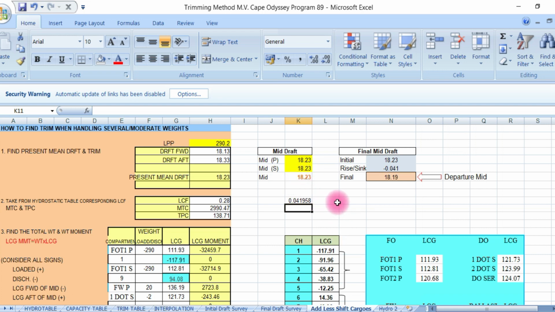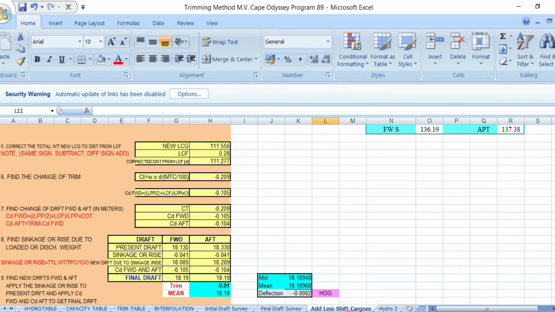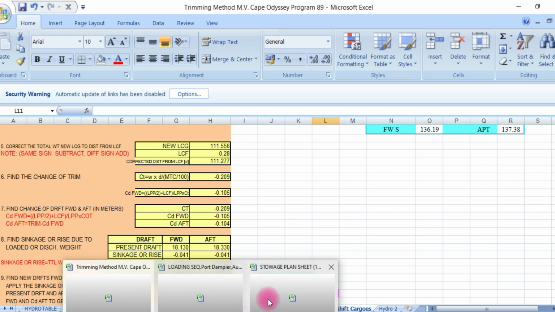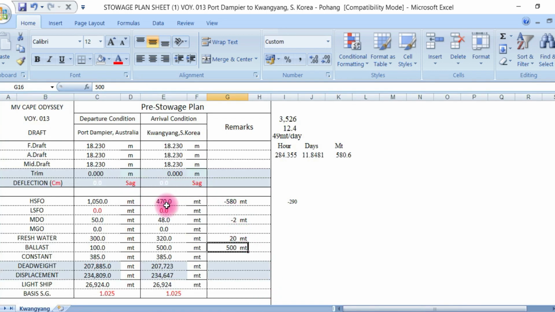So let's say 18.23 minus the rise, which is 4 centimeters, then your arrival draft will be 18.19. So this is how you get 18.19, because of your consumption of the fuel oil and diesel oil, which is 582 metric tons.